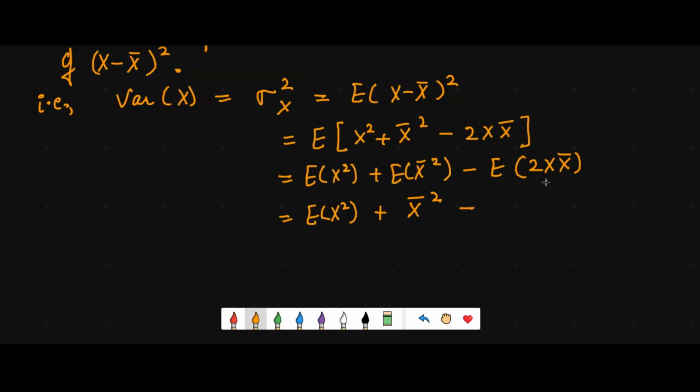Here, 2 is again a constant, so it will come outside. X bar is also a constant mean value, so it will also come outside. I'm only left with the expected value of x. As I have explained, the expected value of x is also written as x bar, so I can rewrite this.